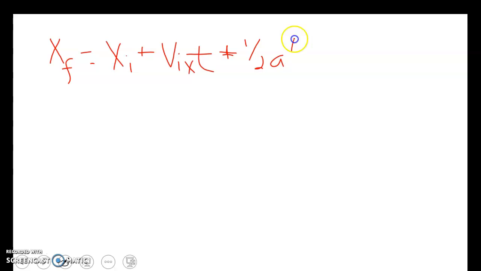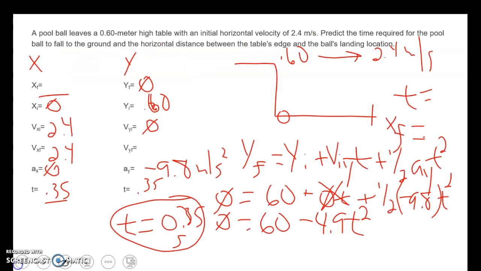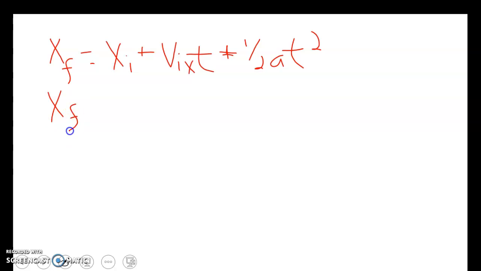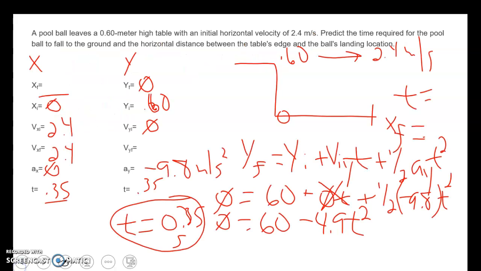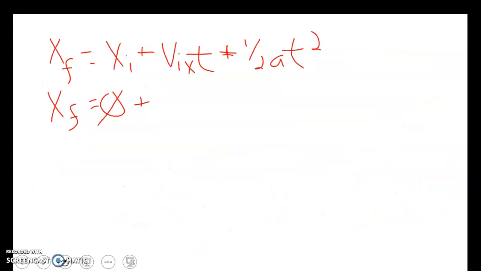And I go to x final is equal to x initial plus initial velocity in the x times t plus 1/2 a t squared. Now, if you recall from the previous problem, acceleration is 0. So x final is what we're solving for. Initially, I start at 0. My initial velocity in the x is 2.4.